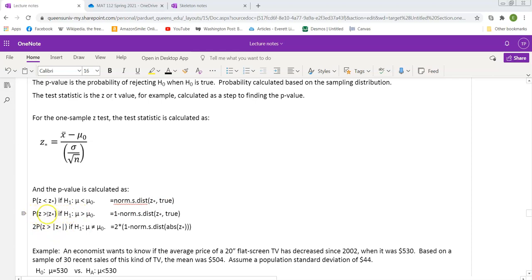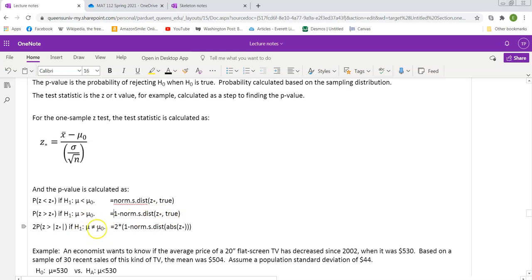If our alternative hypothesis is greater than, then our p-value is going to be the probability that z is greater than the test statistic. And if you remember how to calculate a greater than, based on the normal distribution, that's going to be 1 minus NORM.S.DIST, our test statistic, comma, true.